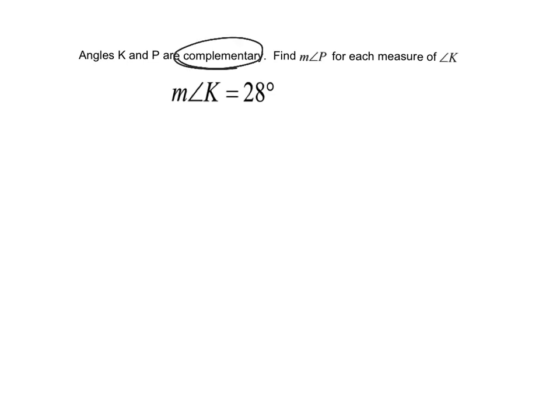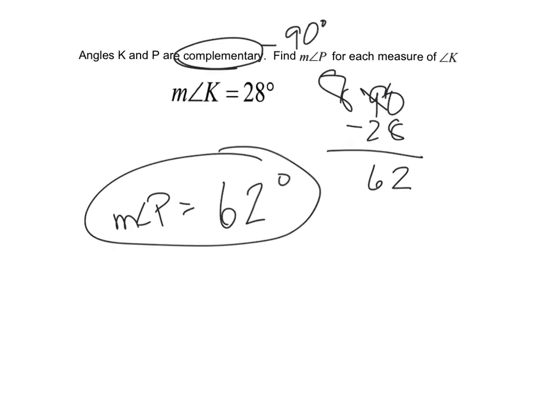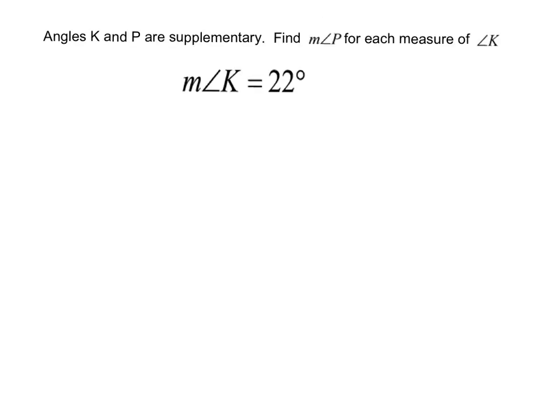Let's see here. These are complementary. Complementary means they add up to 90 degrees. So 90 minus 28. Measure of angle P equals 62 degrees. All right, you guys try this one.